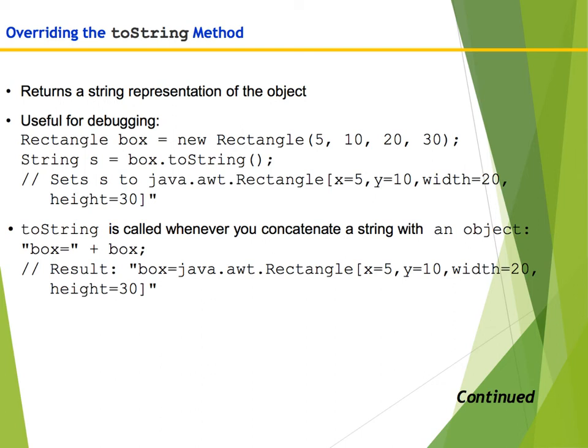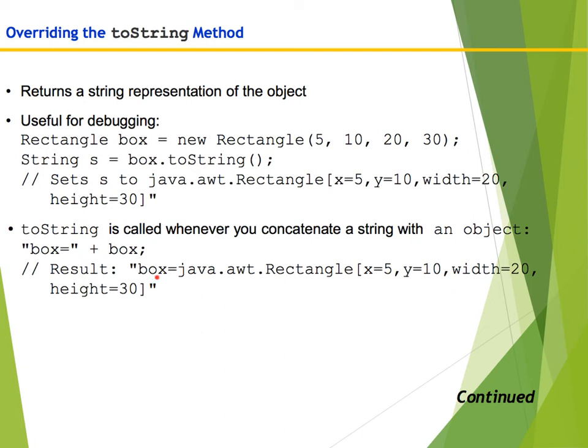Obviously the result is box = java.awt.Rectangle, brackets, the features of the rectangle, close brackets.